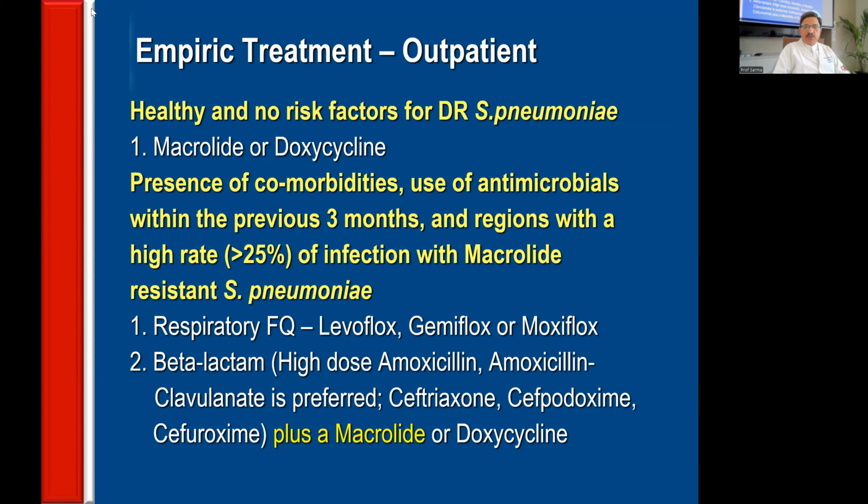High dose amoxicillin, that is 2 grams of amoxicillin with 125 milligrams of clavulanate, or ceftriaxone 2 grams BID, cefpodoxime or cefuroxime, one of the 3rd generation cephalosporins, plus a macrolide or doxycycline. Now what happened? We have used a respiratory quinolone, or beta-lactam plus macrolide or doxycycline.